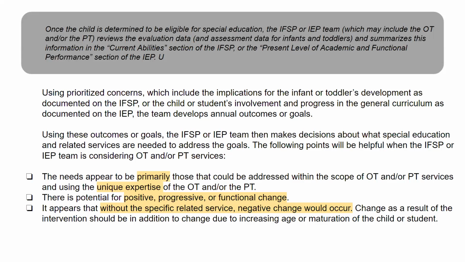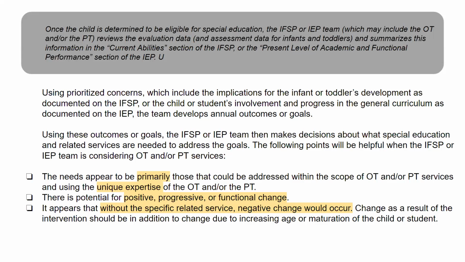And so what we have to remember when we're building the goals and the support systems for our students regarding occupational therapy and physical therapy services is that the need has to be primarily those that can be addressed in the OT and PT scope of services.